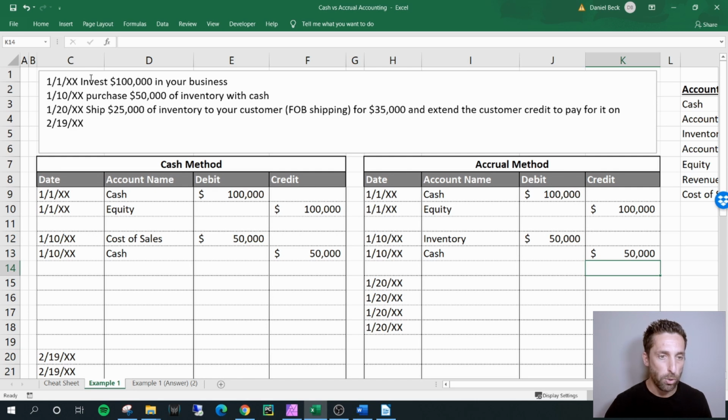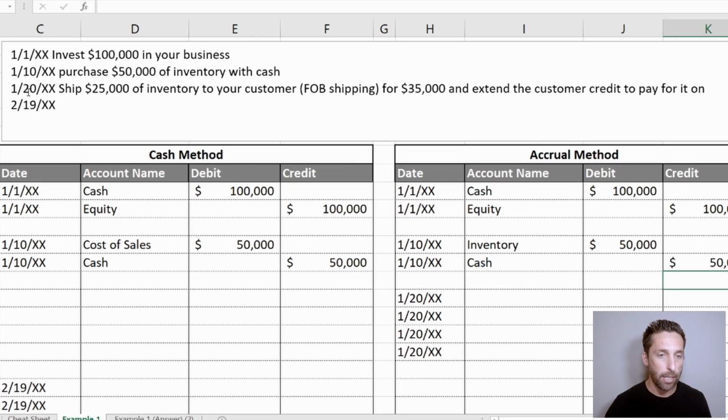Now, both of these entries took place in January. Now let's take a look at the last transaction. On January 20th, you ship $25,000 of inventory to your customer, FOB shipping for $35,000, and you extend the customer credit to pay for it on February 19th.